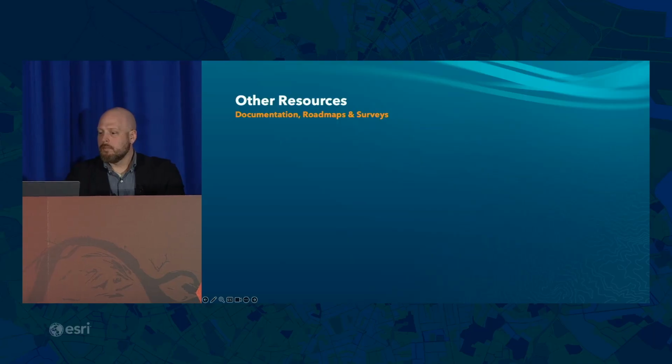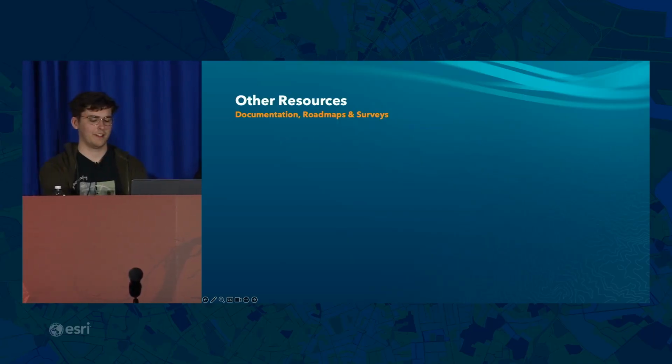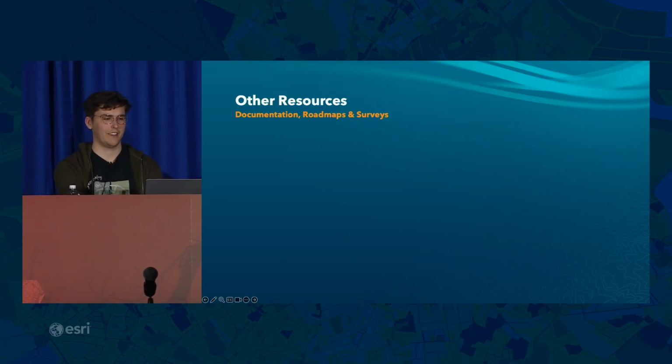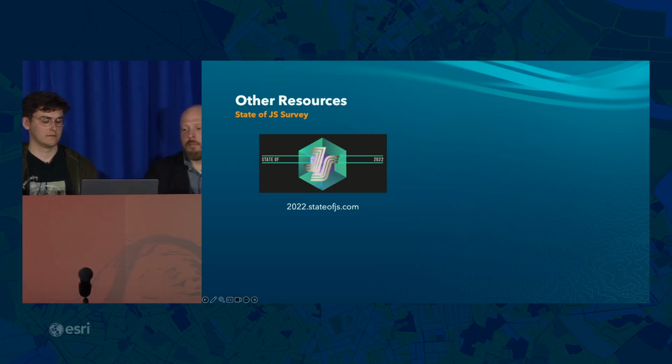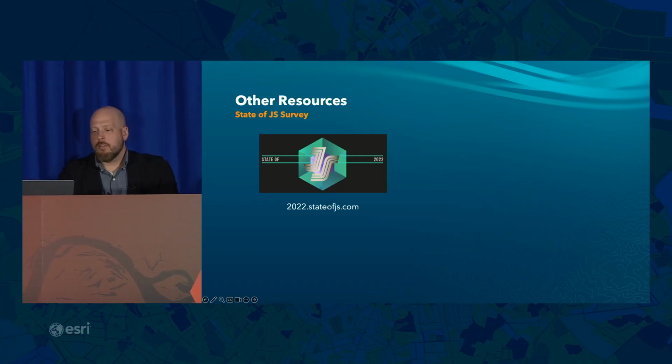Yeah, and so that's a good collection of tools for our tool belt. And then we also have a few other resources that are good to know. State of JS is a common survey that is done every year. They haven't released 2023 yet, but the 2022 is out.